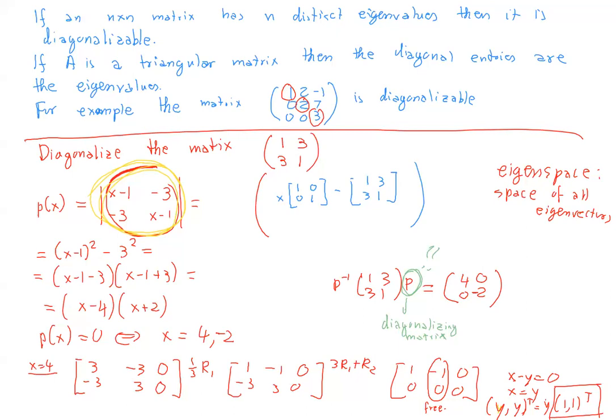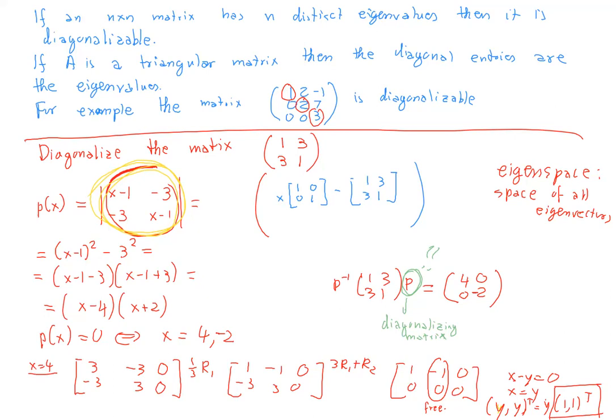Could you please go ahead and do the same thing? Repeat the process for X equals negative 2, and you should find another eigenvector which is linearly independent of this one. The great news is that eigenvectors that correspond to different eigenvalues are always linearly independent.